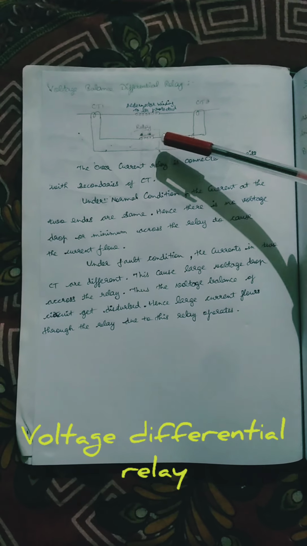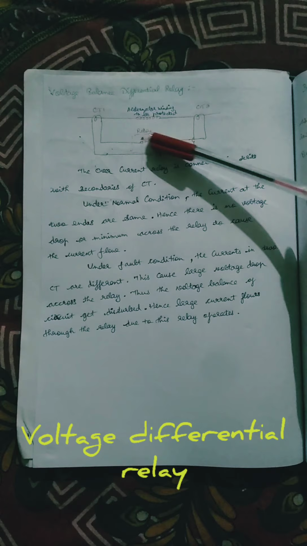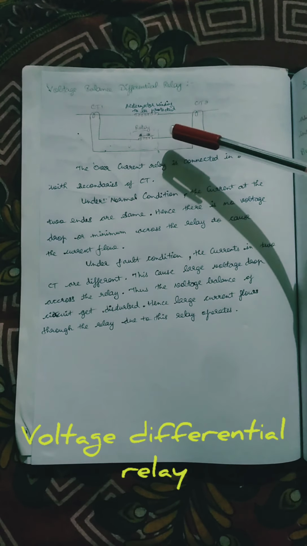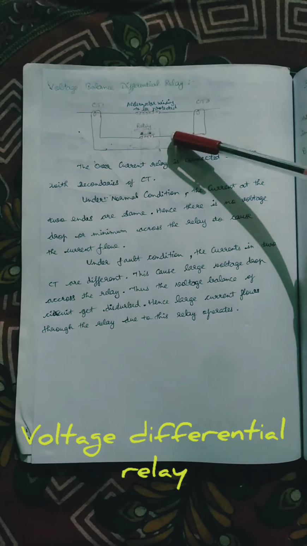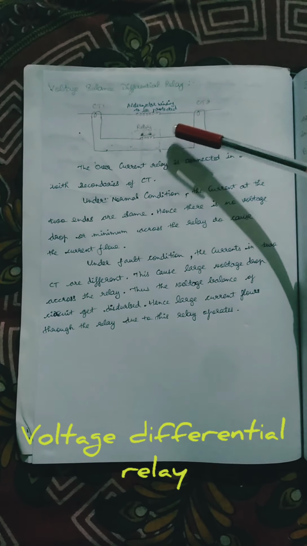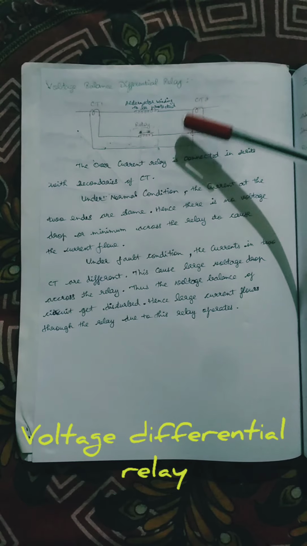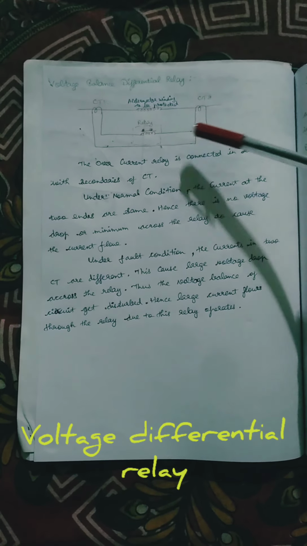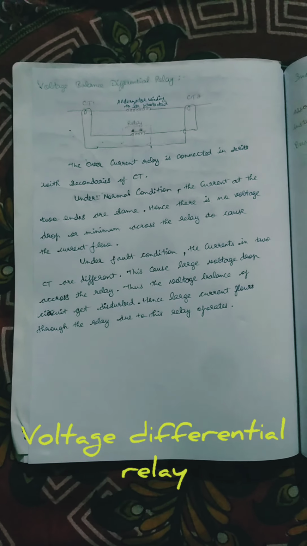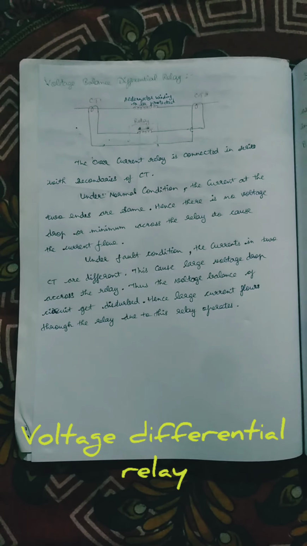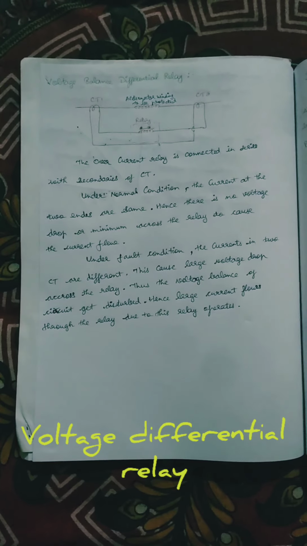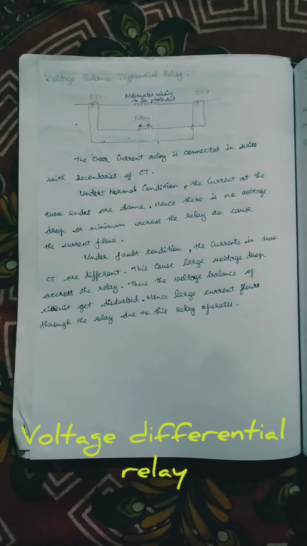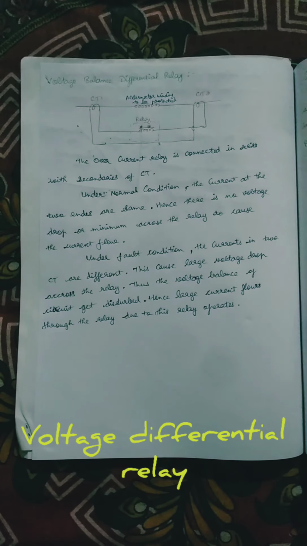Thus the voltage balance of this circuit is disturbed and a large current flows to the relay, which causes the tripping circuit to initiate the trip to the circuit breaker, and the circuit breaker will open due to this internal fault. So the main point is that differential relays are used for internal protection, which means within the zone of protection.